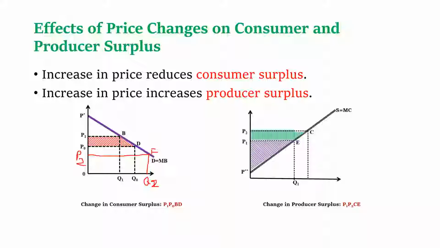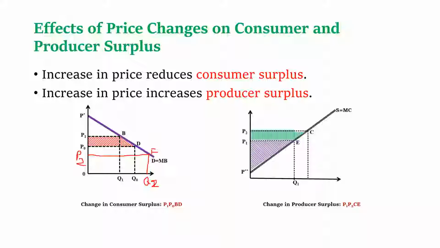It's going to increase from P star, P0, D to P star, P2, F. So that new triangle is bigger than the triangle before the price falls. A price fall here will lead to an increase in consumer welfare. The consumer is going to be better off. He's going to buy more goods because of the fall in price.